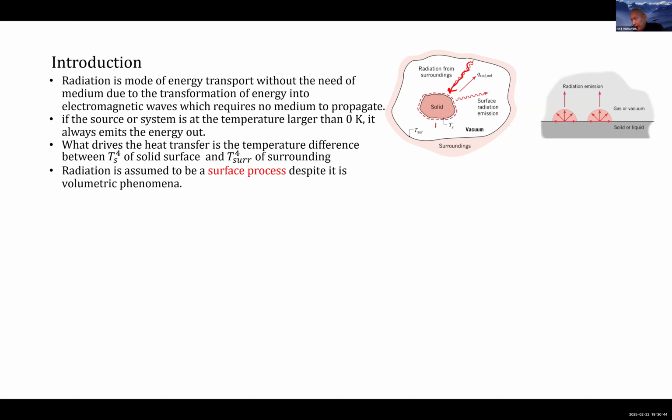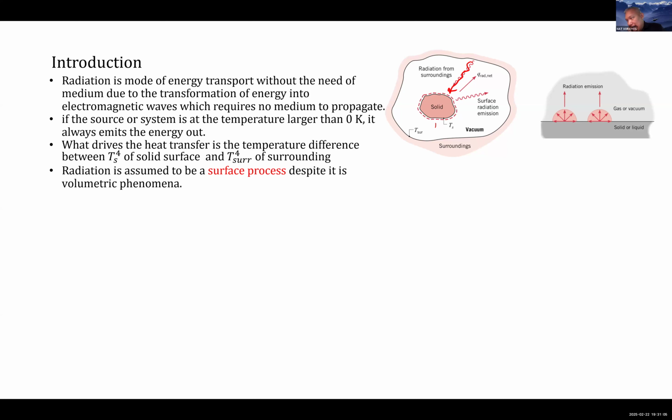When you have a medium in between two surfaces, this surface is hot, this surface is cold, okay? But both of their temperatures are larger than zero. Emission from here, emission from there, up and down, and you got the radiation exchange.